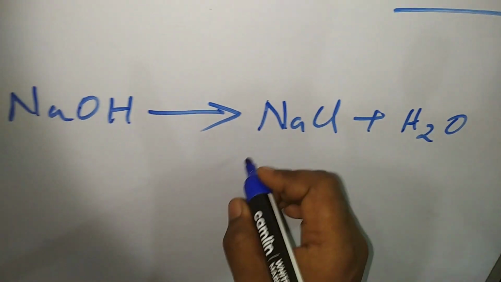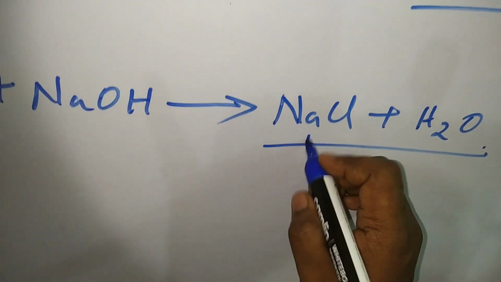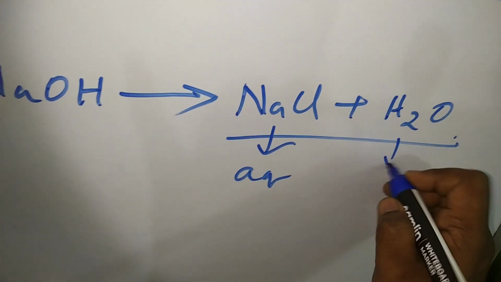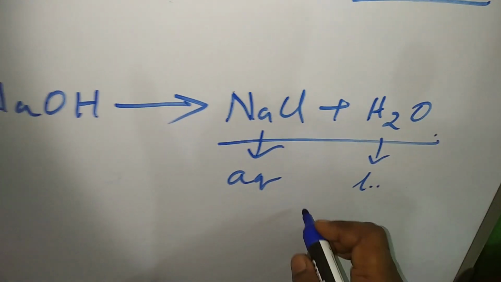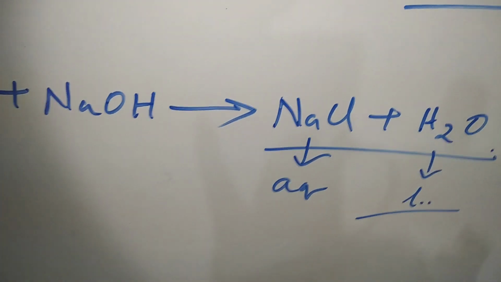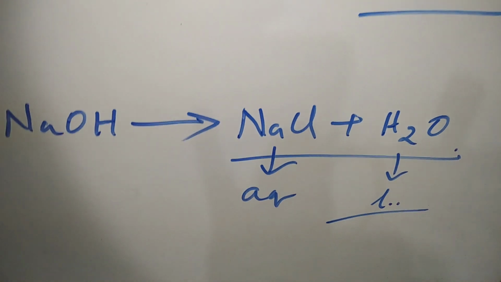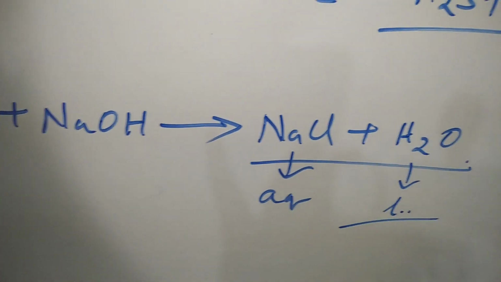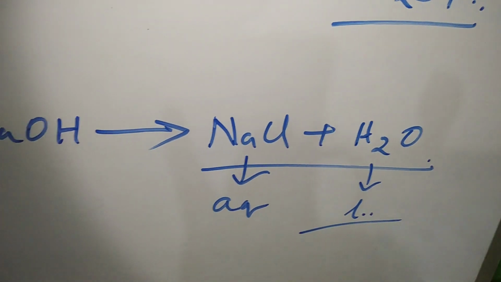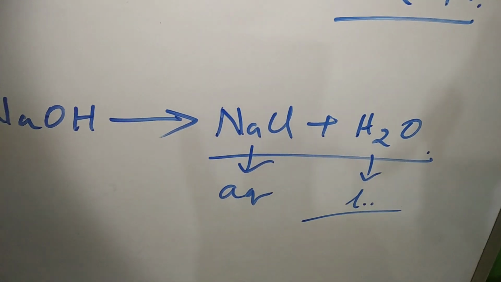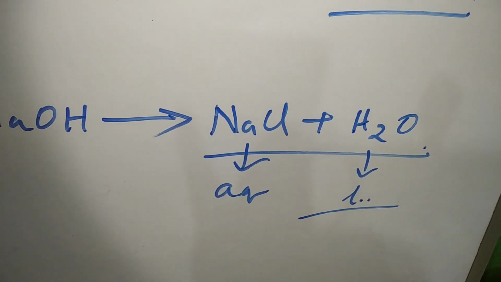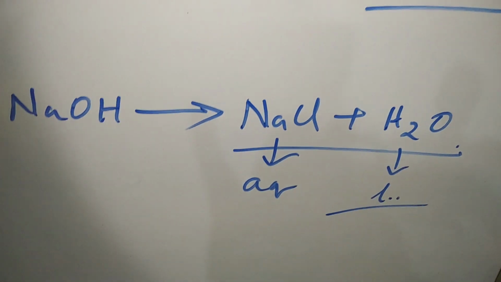This one is in aqueous form and this one is in liquid form. Yes, basically H2O is liquid only. See, no precipitate, no gaseous form. Both the compounds in the product are in aqueous form.